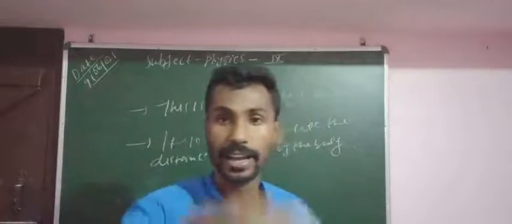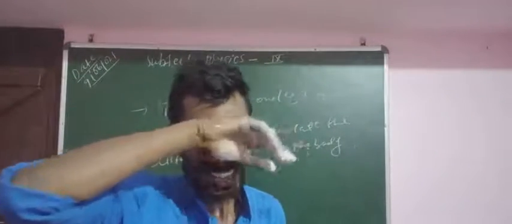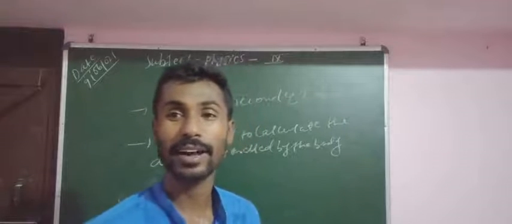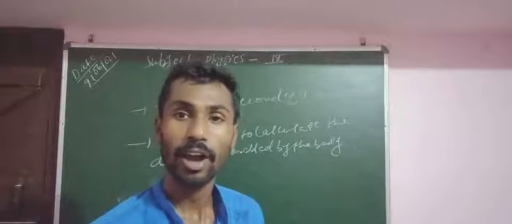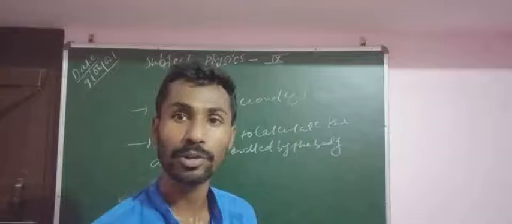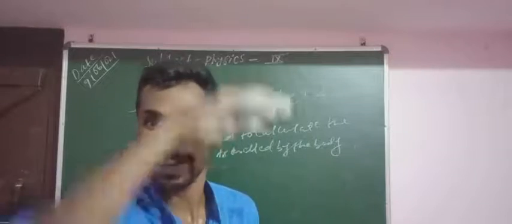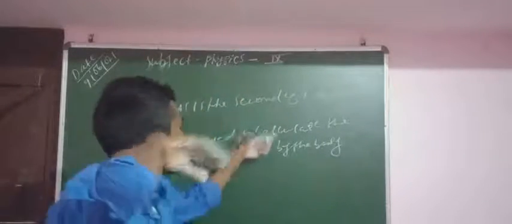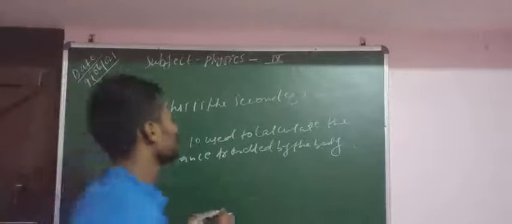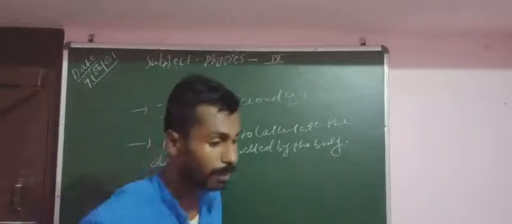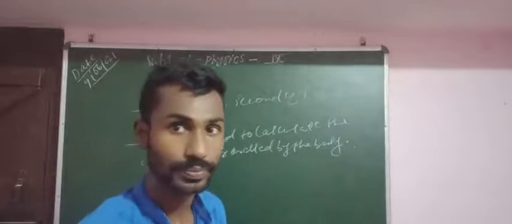That means in any time t, how much distance will a body cover with an initial velocity of u? We can find the distance with the help of the second equation of motion.